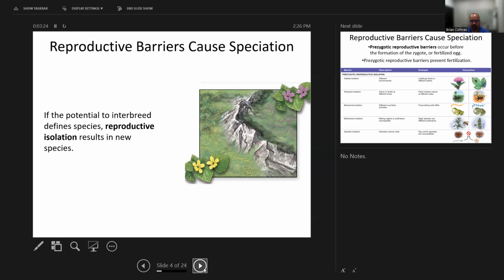So you see this mountain range here, and on one side of the mountain range, you have these plants that produce yellow flowers, and on the other side, these plants produce the pink flower. Now, the foliage may be a lot the same shape, may look very similar, but they have been separated for so long, they have diverged now in the type of species that they are. And a lot of times, speciation means that it will not interbreed with each other.